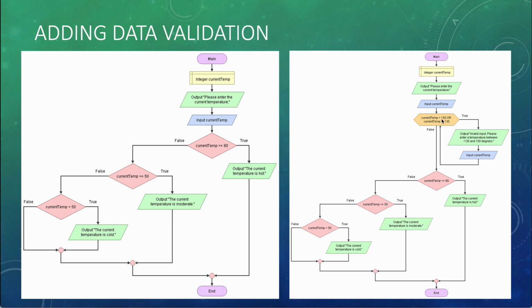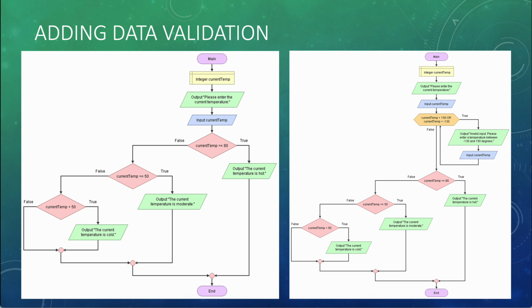So if it's outside this range, then it will output a message that says invalid input. Please enter a temperature between negative 130 and 150 degrees. Okay, so this lets them know that what they put in was invalid, and it tells them the range that they can put in temperatures between. Then it gives them an opportunity to input the current temp again. So it gives them a chance to try again.